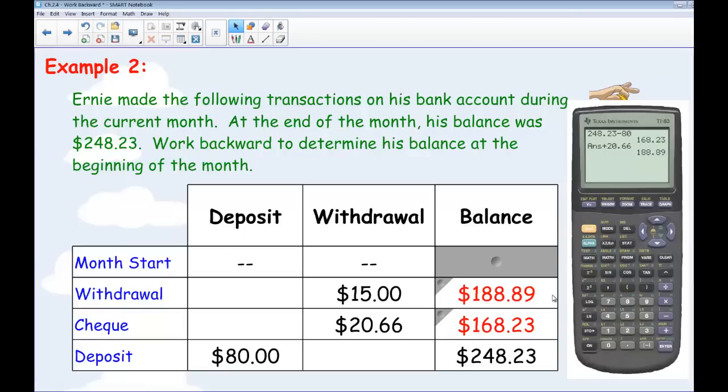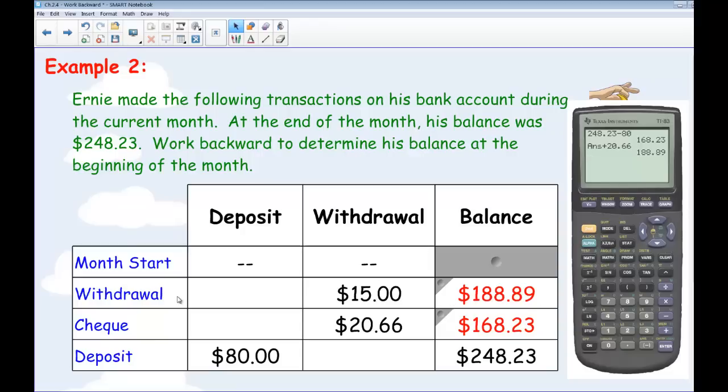That's because prior to the check being made, there was more money sitting in the account. Of course, after the check was written, the amount should decrease. So there was $188.89 before that check was withdrawn.